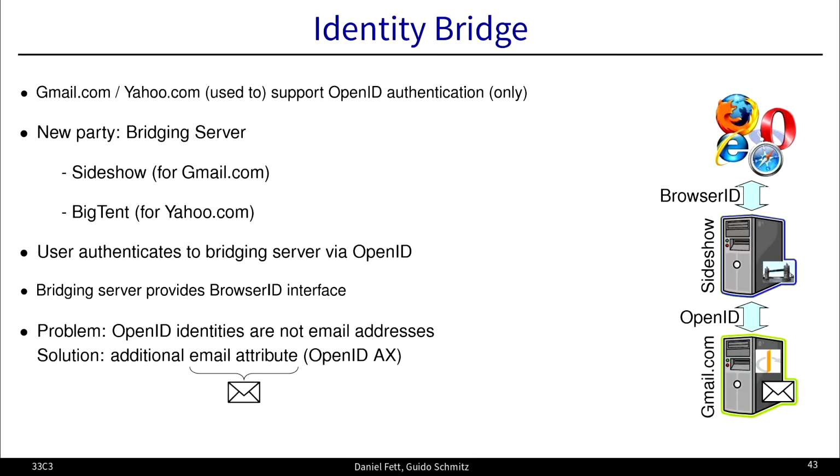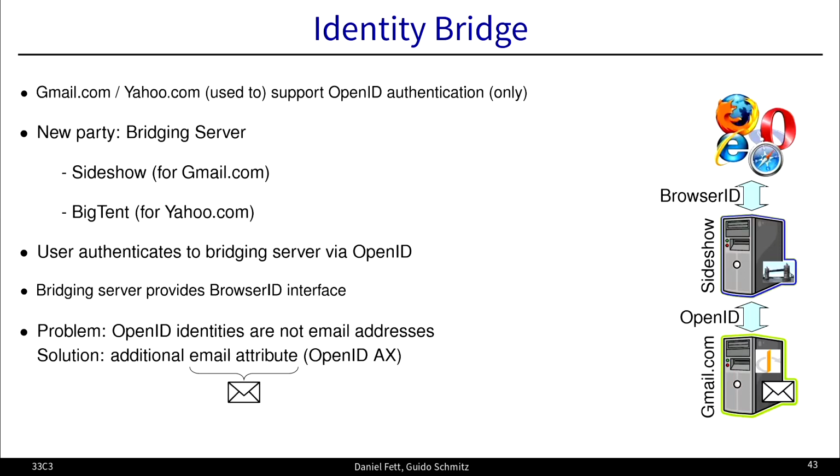Now, the user authenticates to the bridging server using OpenID, and then the bridging server has an interface to the standard BrowserID interface. So one problem was that OpenID identities are not email addresses. So in OpenID, you add an attribute, which is called the email attribute, and we're talking about this email attribute in a minute.